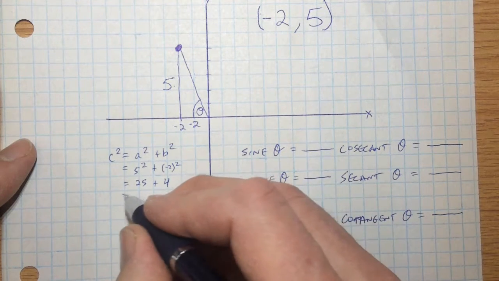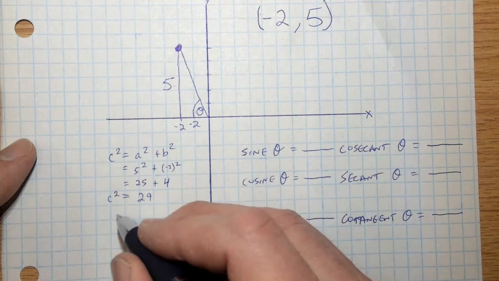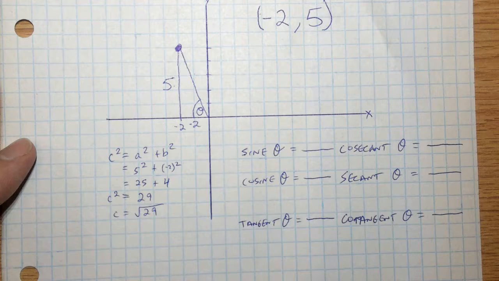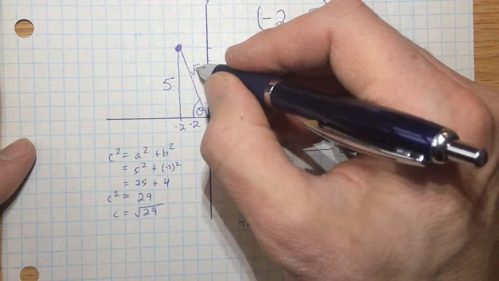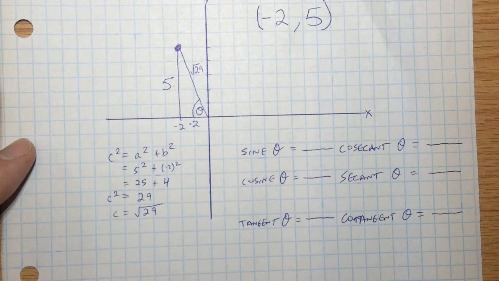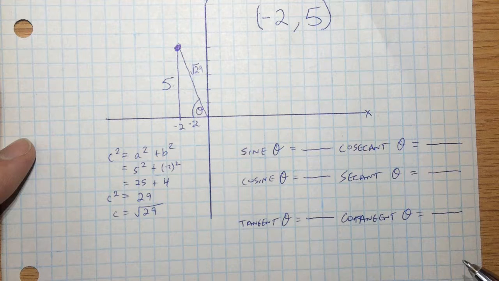So when we add those together, we get 29. So that's the square of the hypotenuse, which means that the hypotenuse is the square root of 29. And we can leave our answer just like that. We don't have to try to approximate it. Just leave it as its exact value, which is the square root of 29. It's a number that's a little bit more than 5, a little bit less than 6.